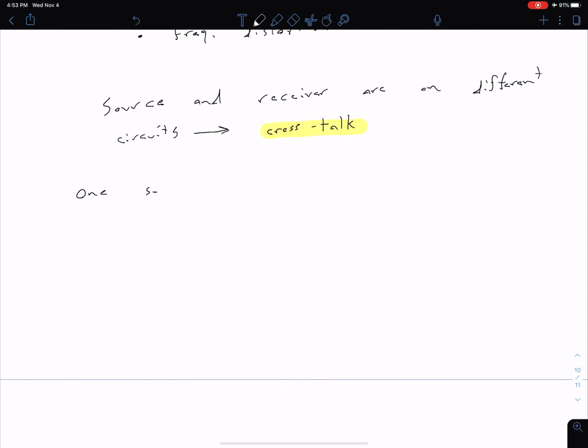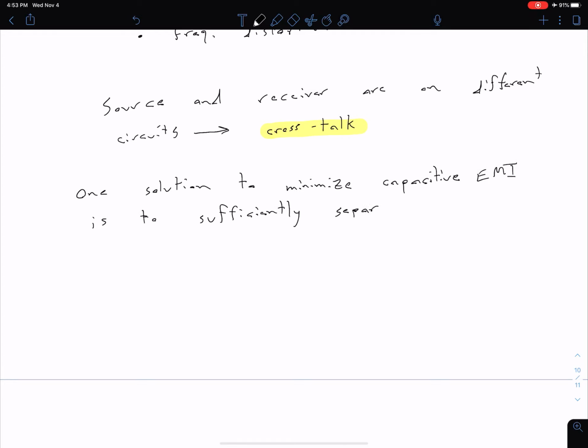So one solution to minimize our capacitive EMI is to sufficiently separate our high and low voltage conductors.